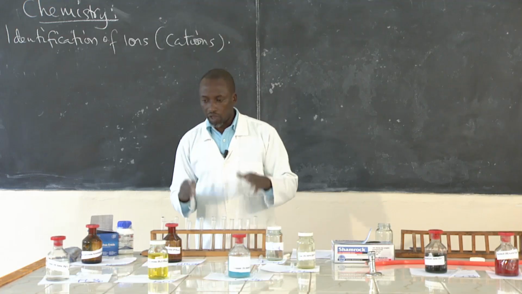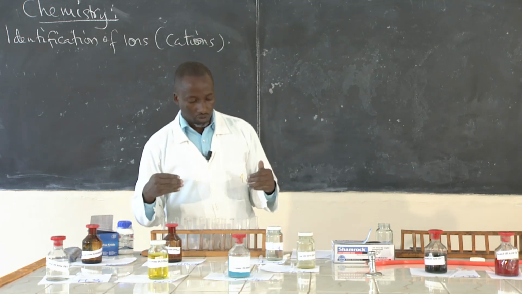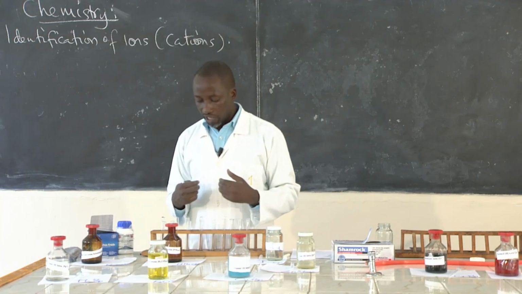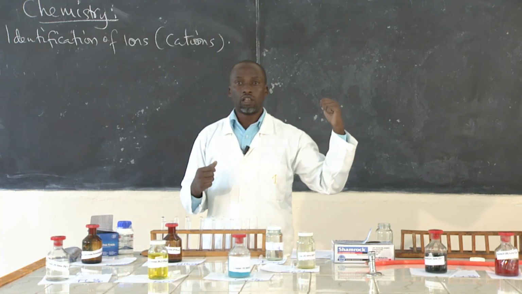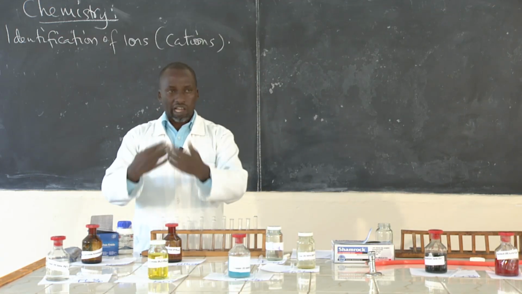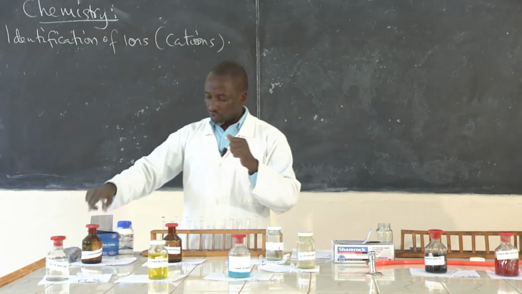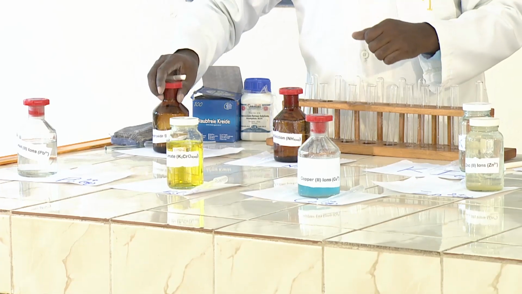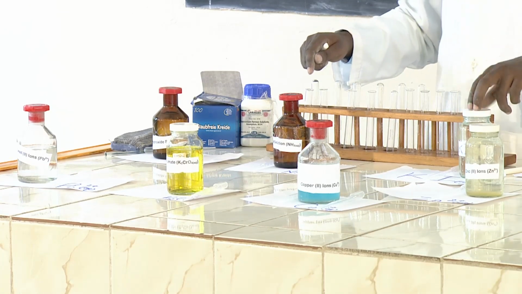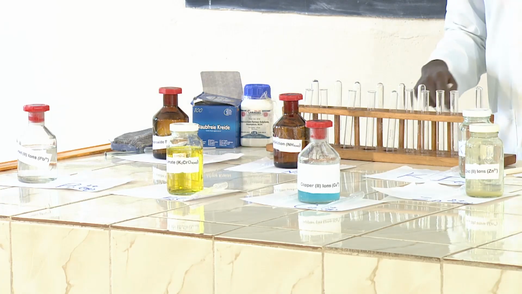As I said in the previous lesson, we have to carry out the preliminary tests, and then we carry out what we call the confirmatory tests. So we have sodium hydroxide, ammonia solution, potassium iodide, and then potassium chromate.